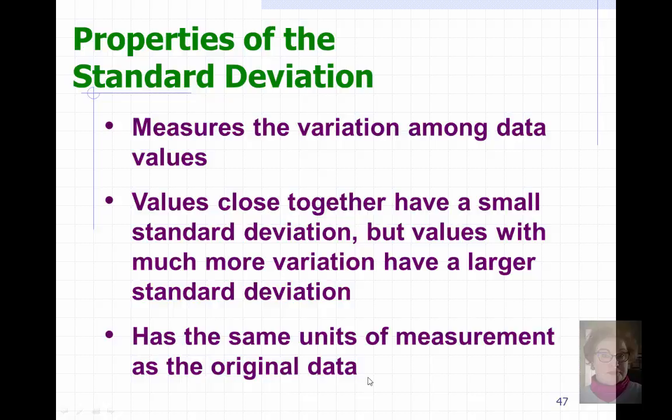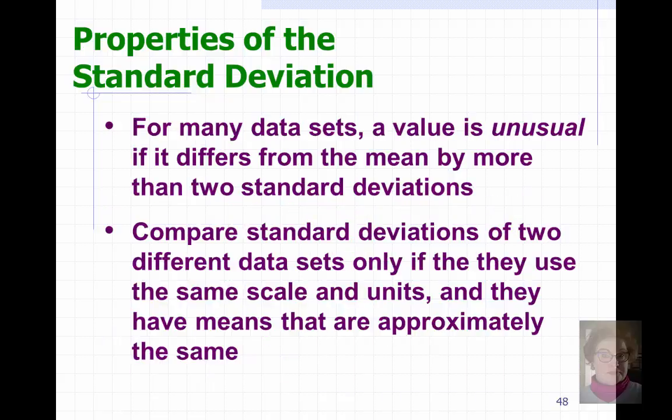And again, standard deviation does have units, the same units as the original data set. For many data sets, unusual means it is either 2 standard deviation units above the mean or 2 standard deviation units below the mean. And only compare standard deviations if they use the same scale in units and their means are approximately the same.